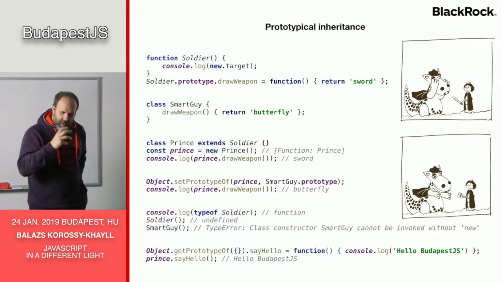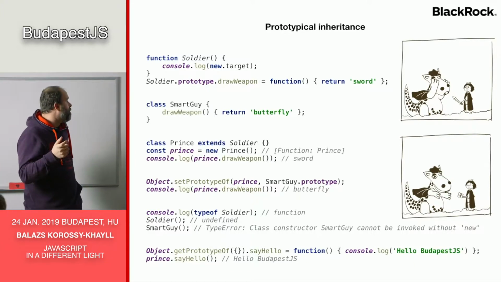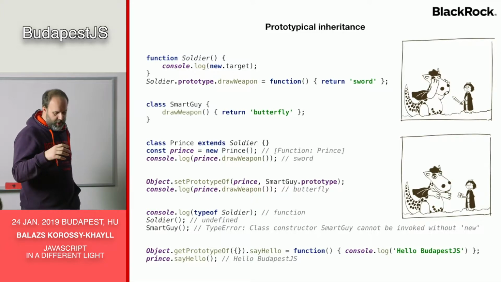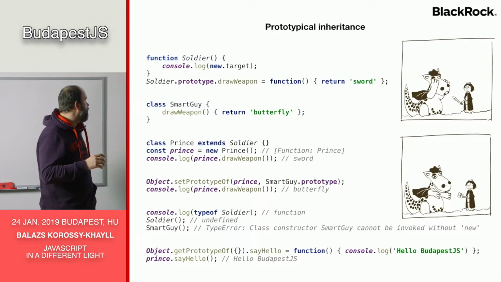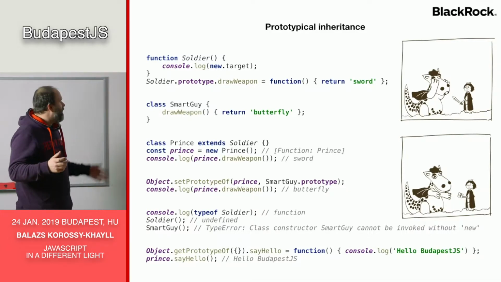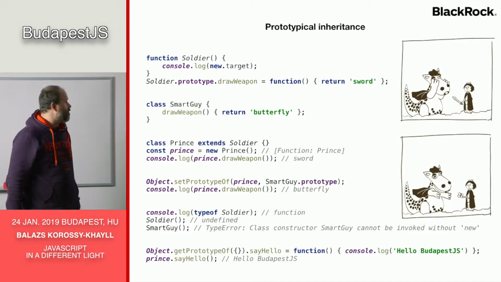In class-based inheritance, the superclass cannot be changed dynamically. And it's more like a template that is used to create the object. And in contrast, in JavaScript, you can do such things. And although we have this class keyword in JavaScript, it's just syntactic sugar.